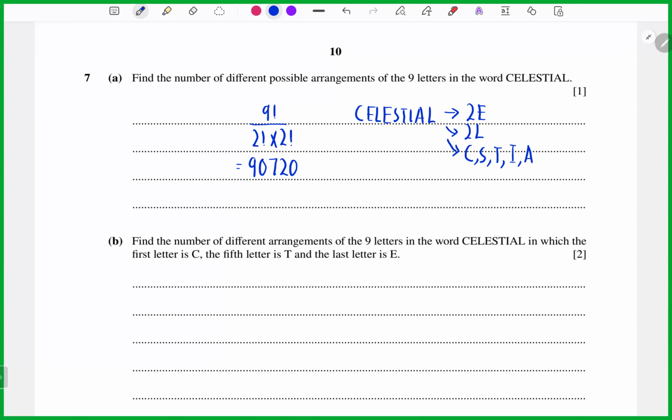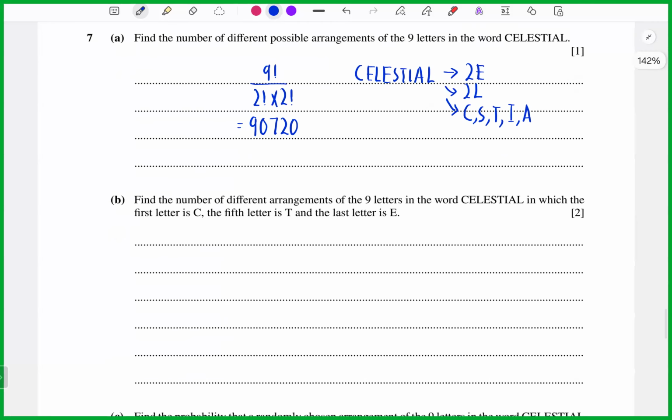And then we look at B. Find the number of different arrangements of the 9 letters in the word crystals, in which the first letter is C, the fifth letter is T and the last letter is E. So 1, 2, 3, 4, 5, 6, 7, 8, 9.